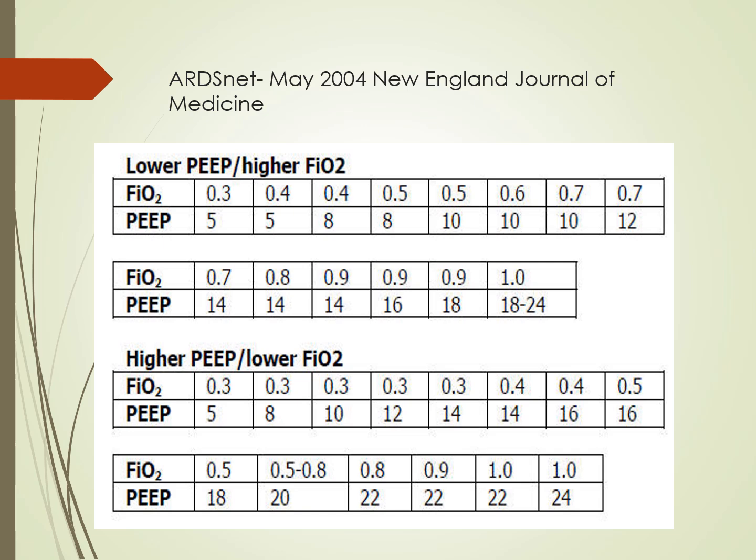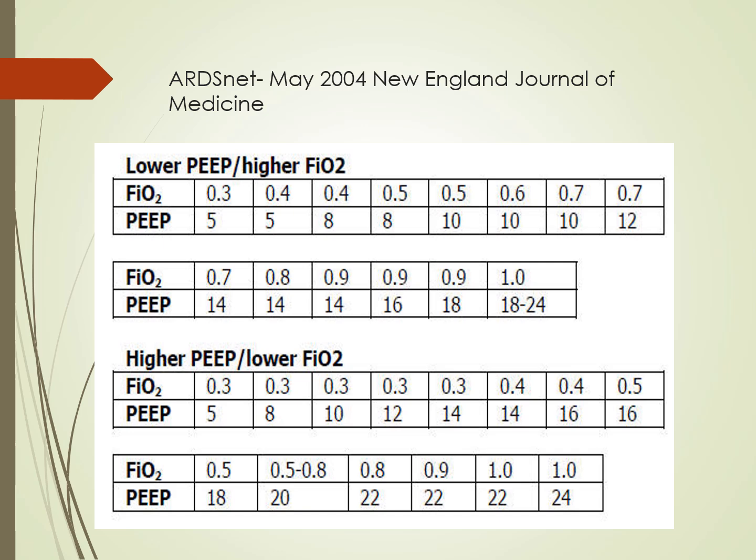When the study was being conducted, they found rather quickly that the group that received the low tidal volume, high PEEP had a much lower mortality rate than the group receiving the 10 to 12 cc's per kilogram tidal volume with normal PEEP. So they stopped the study because the evidence was overwhelming.